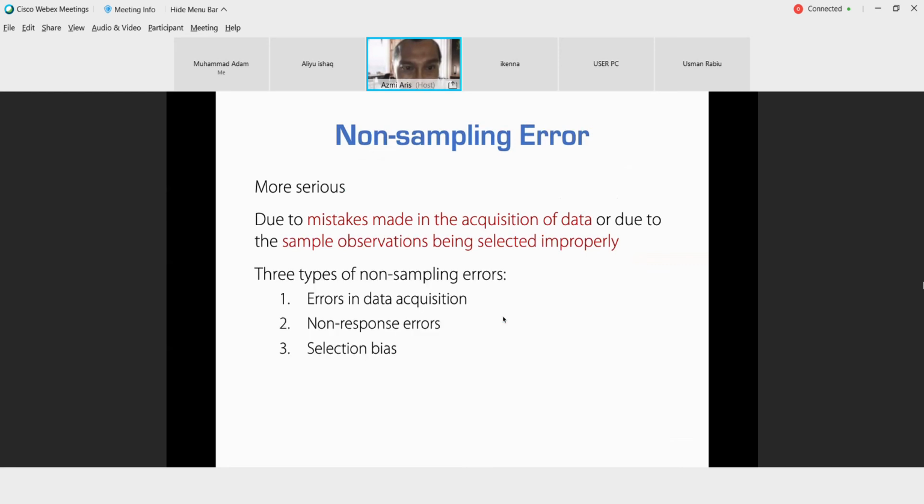For example, this error in data acquisition can be, you go and make an interview, and normally when you do an interview, you will have a recorder to record the interview.